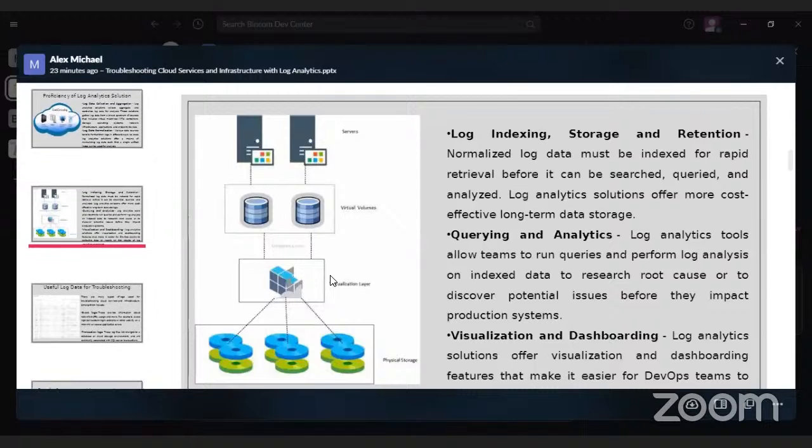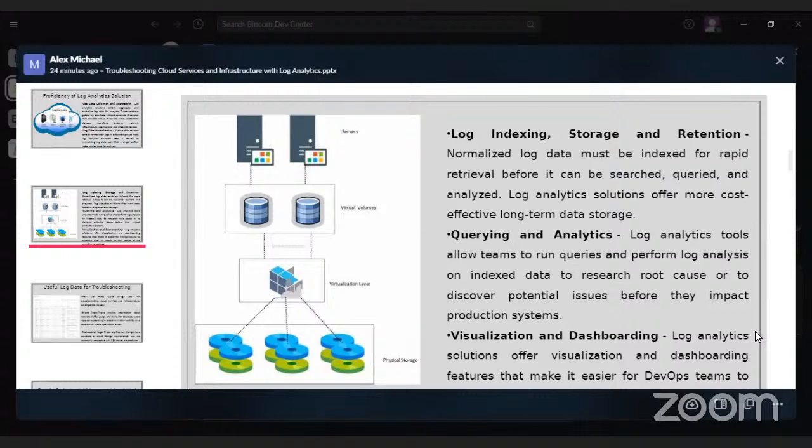So let me start again. Other proficiencies are log indexing, storage and retention, querying and analytics, visualization, and dashboarding. We've talked about visualization in summary, when I said that collecting all the data, we showcase or visualize it so that we, the analyzers, can see.